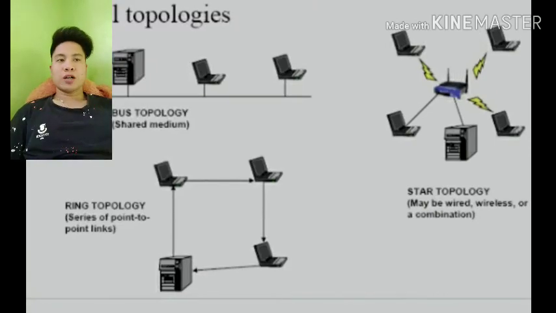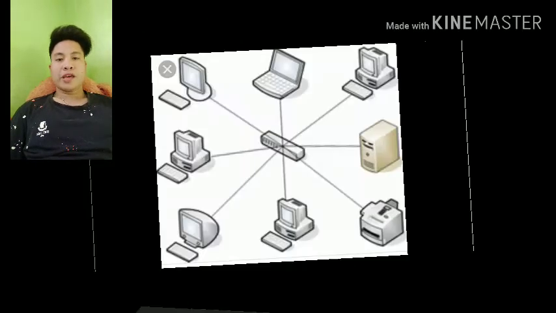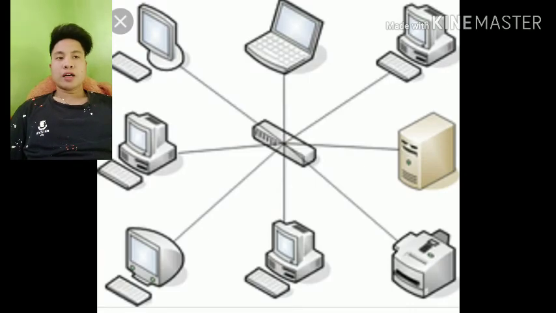Physical LAN topologies. So we have a star. Star: end devices are connected to a central intermediate device. Early star topologies interconnected end devices using Ethernet hubs. However, star topologies now use Ethernet switches.